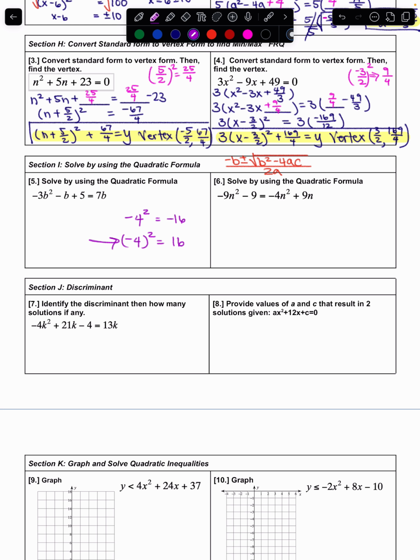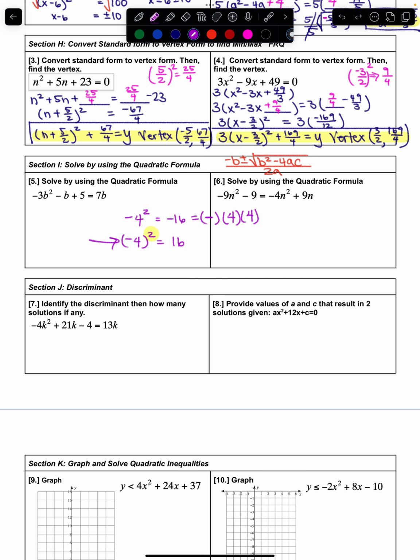The reason is that in the top problem, negative 4 squared is just negative times 4 times 4. 4 times 4 is 16, multiplied by the negative, and that's why we got negative 16. On the other hand, when we put parentheses, the square applies to both the 4 and the negative.